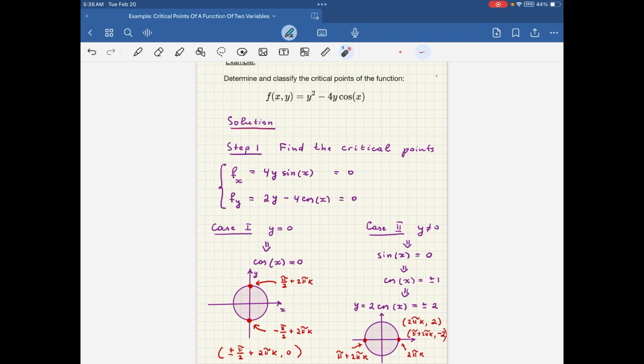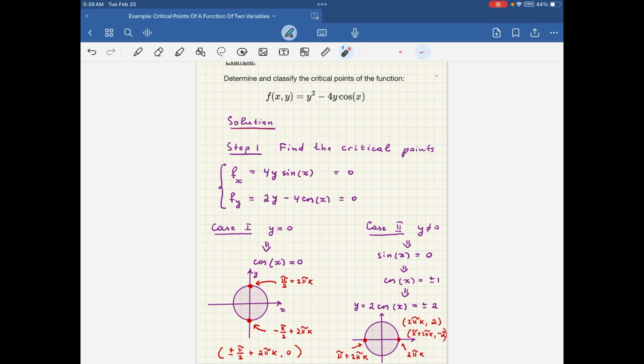A little confusing notation here, because cosine x, x here refers to several different things: x and y coordinates in the coordinate system, and also x being the distance around the unit circle from the point 1, 0 to the point on the unit circle. So just keep that in mind, and don't confuse the two, even though they're denoted here by the same letter.